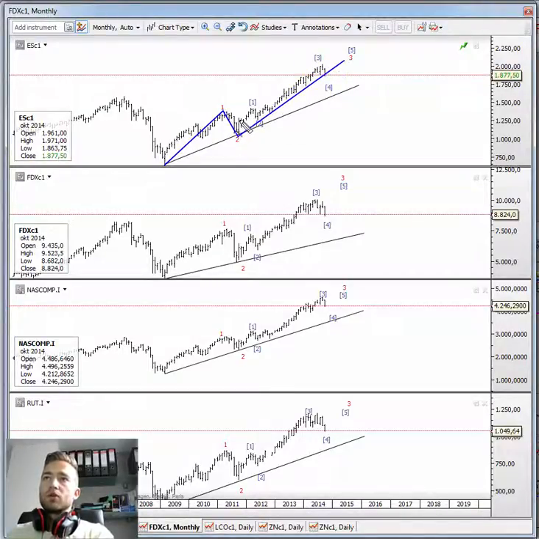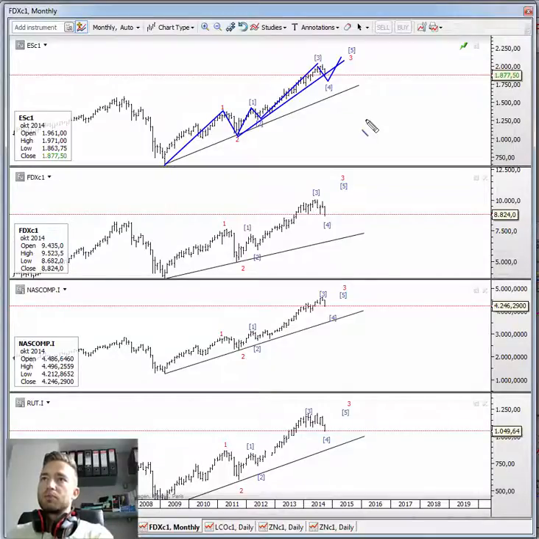Usually extended waves are third waves, so I would expect that this third wave will also be structured in 5 legs. I see here sub wave 1, wave 2, wave 3, and I'm looking for a wave 4 pullback and expecting another push up into wave 5 of this wave 3.